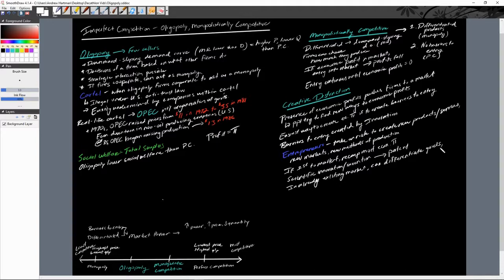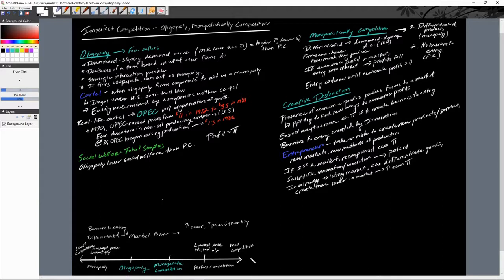So you can differentiate your goods and create more power in the market. And when you have more market power, you get an increase in economic profit as well.